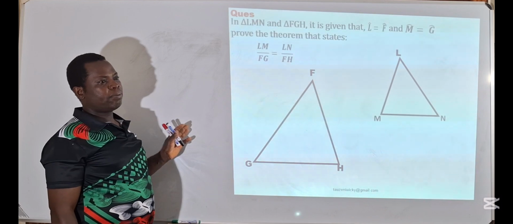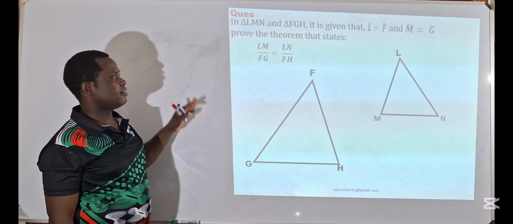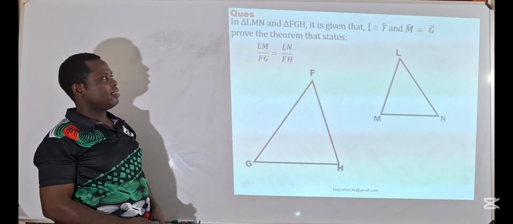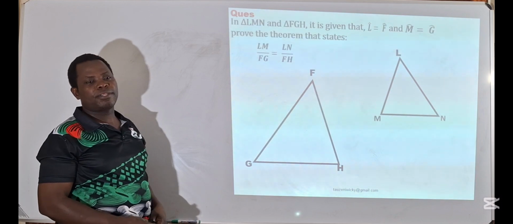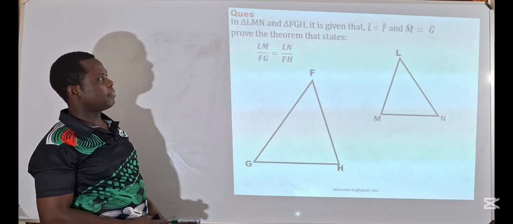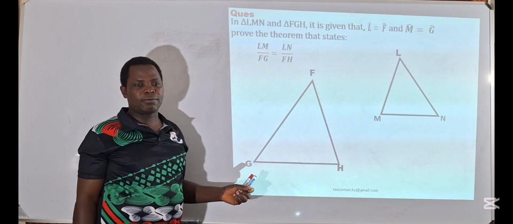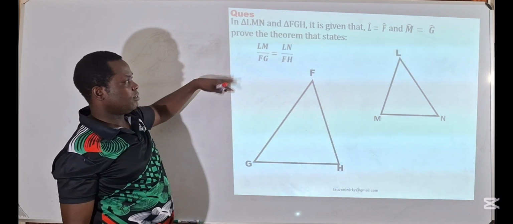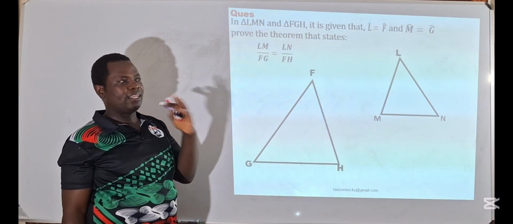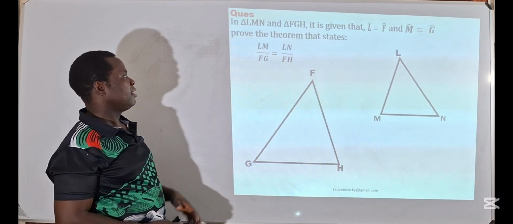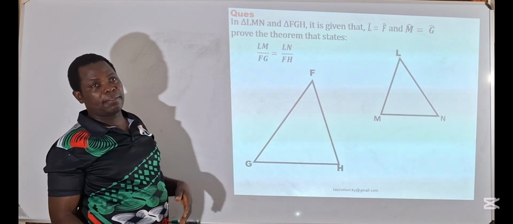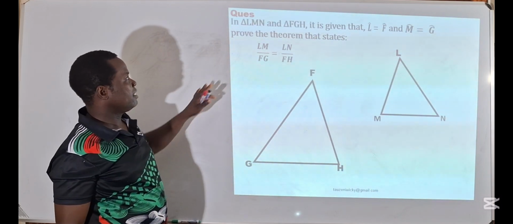All right, the proof of the similarity theorem. This is also examinable, so we need to know how to do it, and with understanding, like we have already mentioned, don't memorize things, but learn them in such a way that there is understanding at the end of the day. All right, so let's have a look at this question.